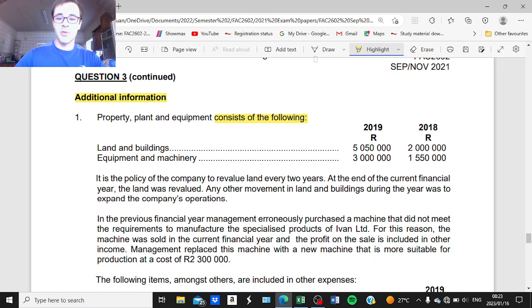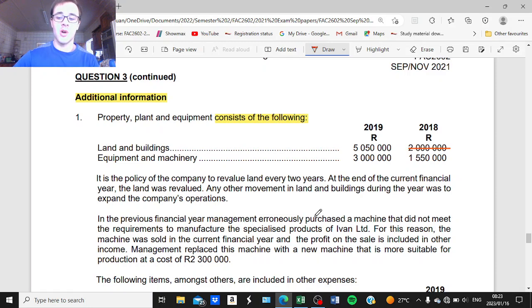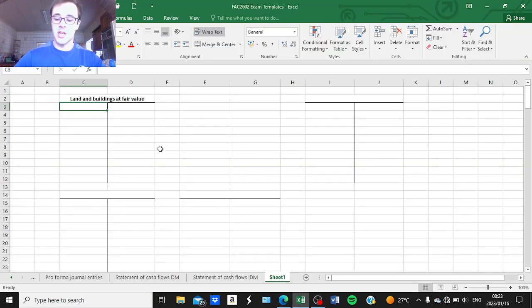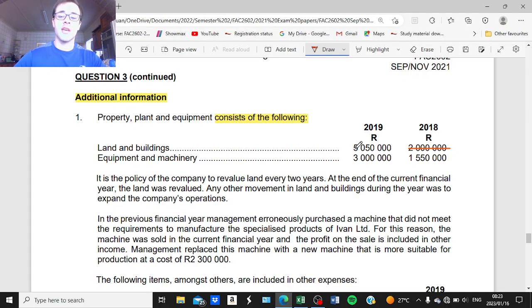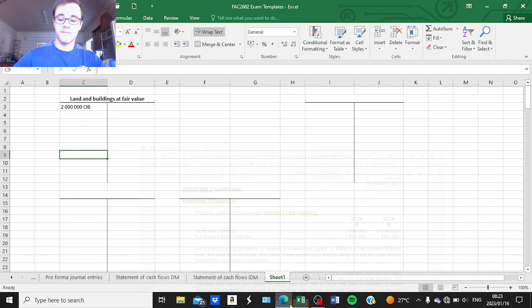The opening balance for land and buildings, the balance on the 1st of January 2019 or at the 31st of December 2018, the end of the previous year, was 2 million rand. So the opening balance is 2 million. And then the closing balance for land and buildings at fair value is 5,050,000.